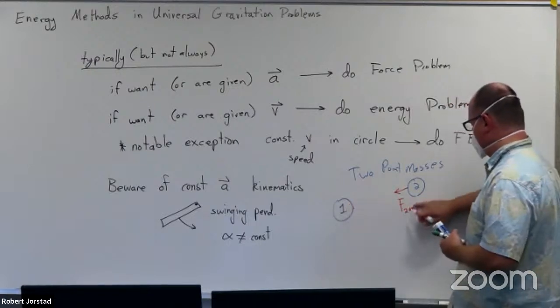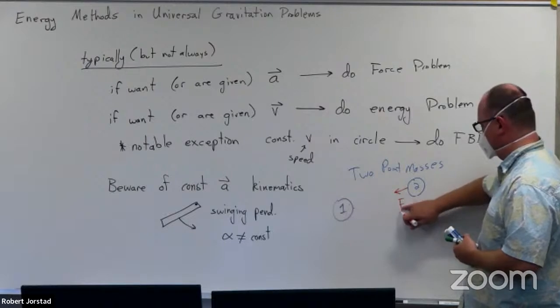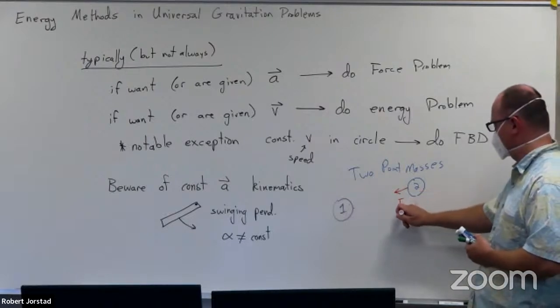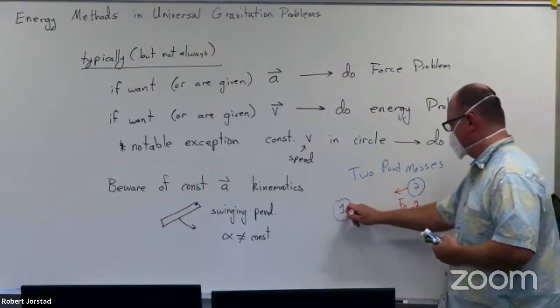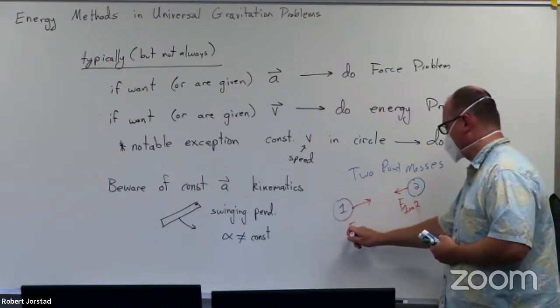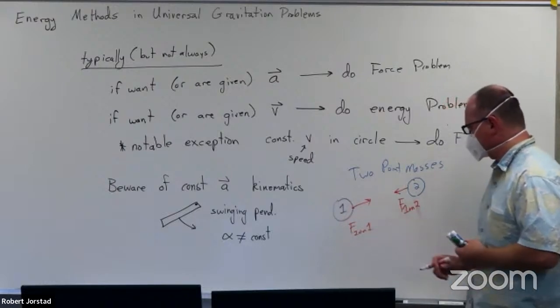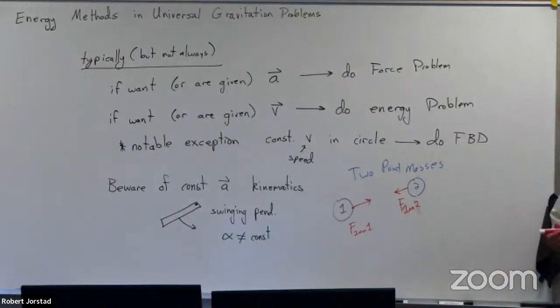Oh, whoops, 1 on 2. This is on 2. Do you agree? That should be on 2. 1 on 2. This one was force of 2 on 1. As they move, they attract each other with universal gravitation.